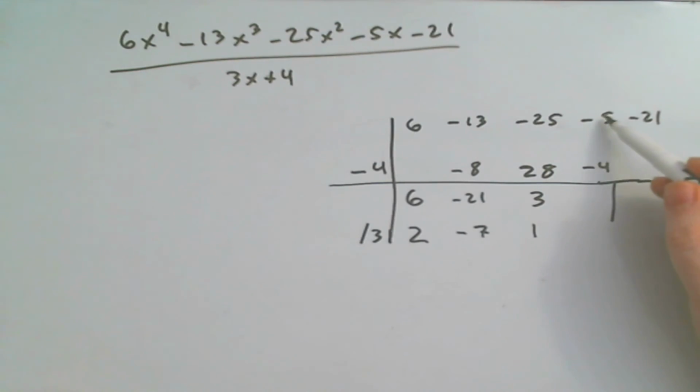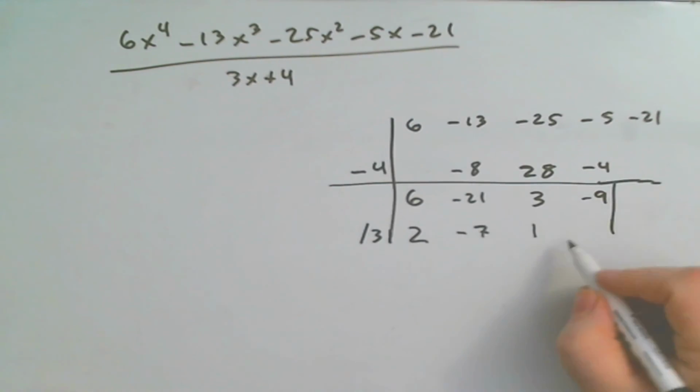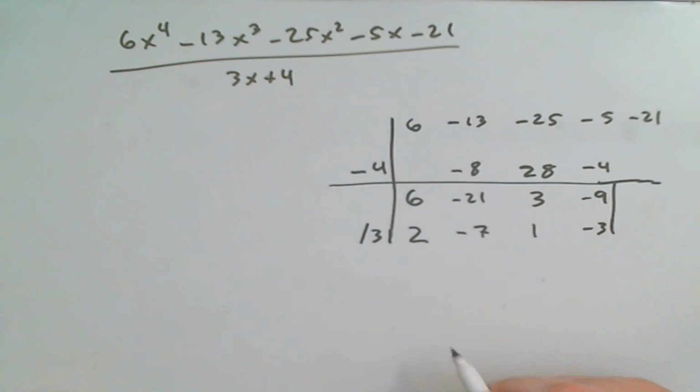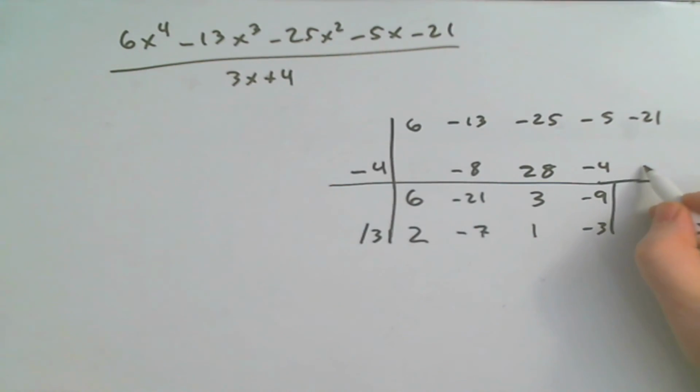Add that up. Negative 5 plus a negative 4 gives me negative 9. Again, divide by 3. So we get negative 3. One last multiplication here. Negative 4 times a negative 3 gives me a positive 12. And then lastly, negative 21 plus 12 is negative 9.